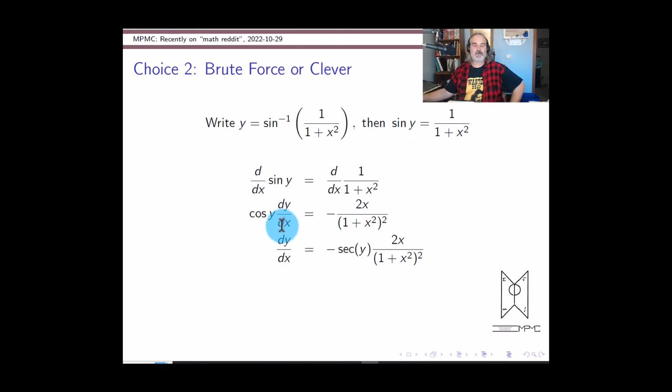Then we can solve for dy dx by dividing both sides by cosine, which then tells us we have a secant of y on the right-hand side. Okay, now we need to untangle this secant of y.